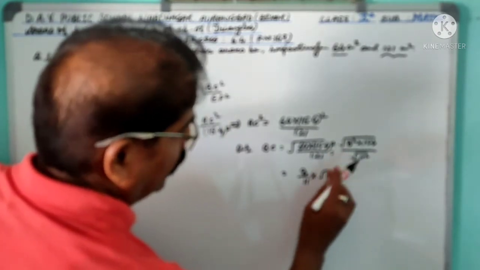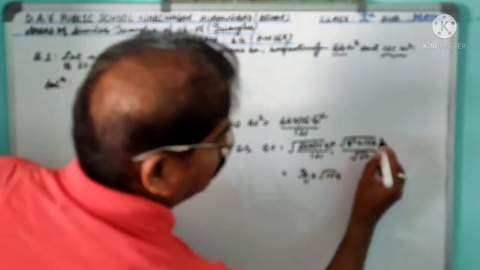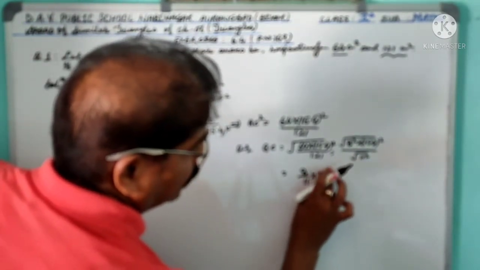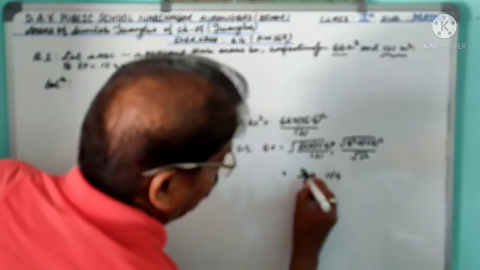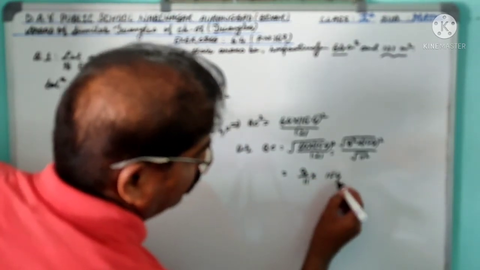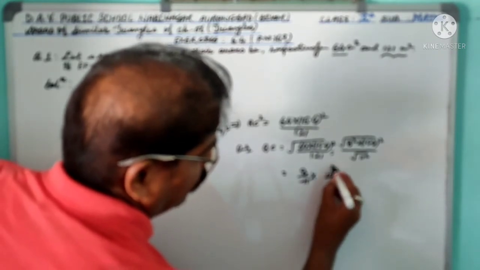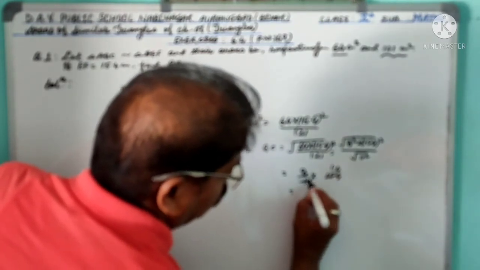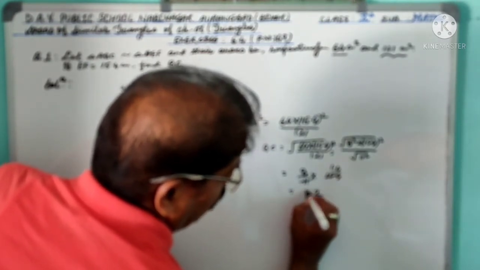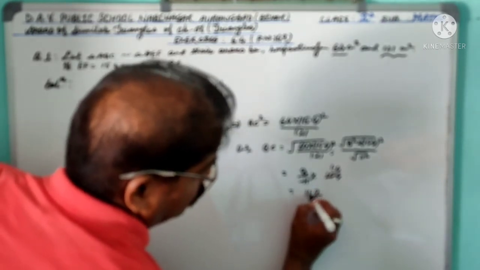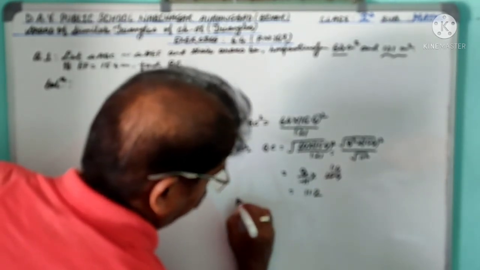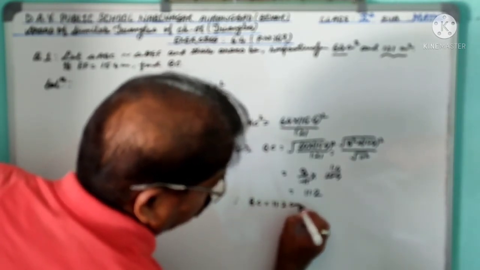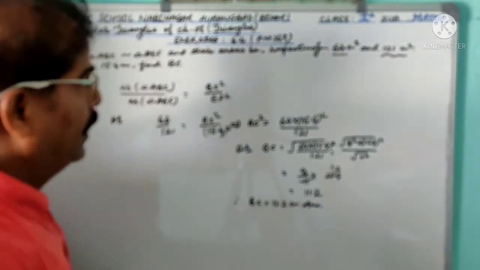So BC equals 8 by 11 into 15.4. 11 into 1 and 11 times 0.4, that means 14 into 8, which is 112. Therefore BC equals 11.2 centimeter. Answer.